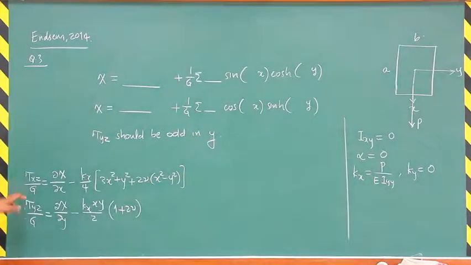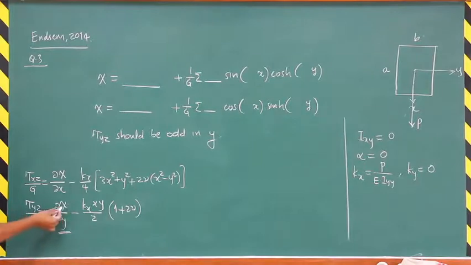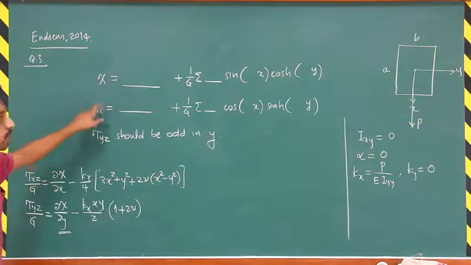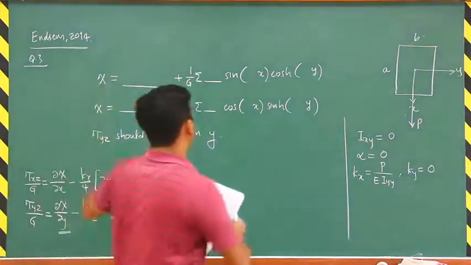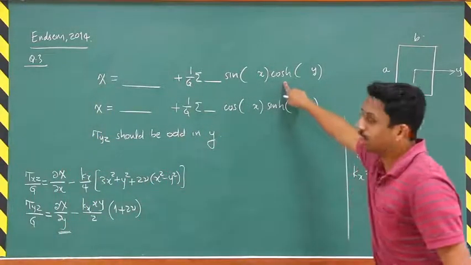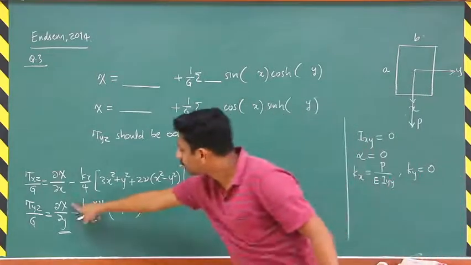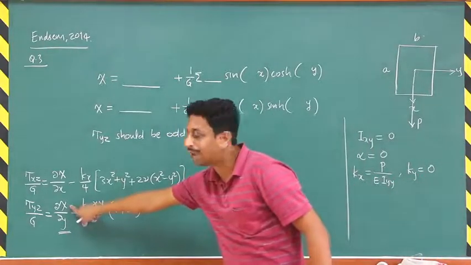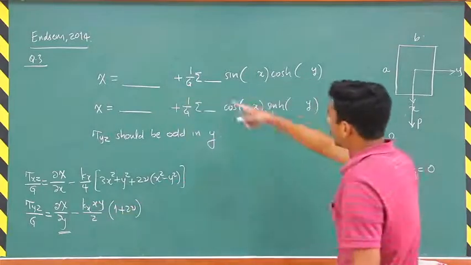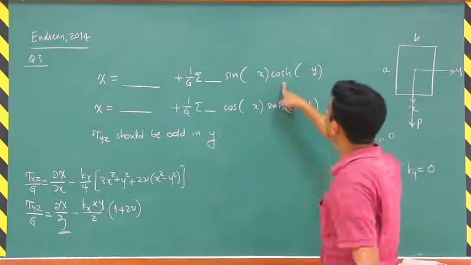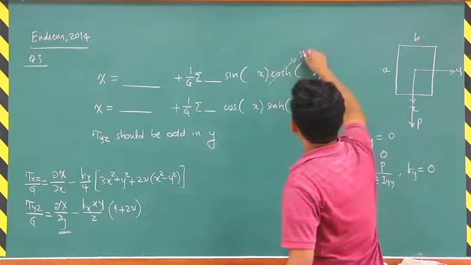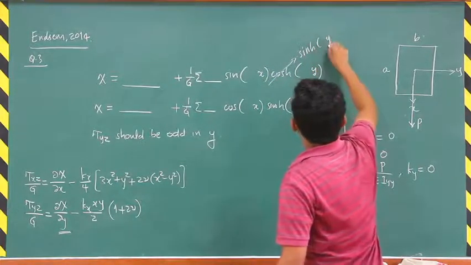Now if you look at this tau yz, it includes a term which is a derivative of the chi function with respect to y. If we look at both chi functions, the function of y is cos hyperbolic in the first and sine hyperbolic in the second. Now we have to differentiate this chi function with respect to y. If we differentiate the first chi function with respect to y, this will give us sine hyperbolic in y.